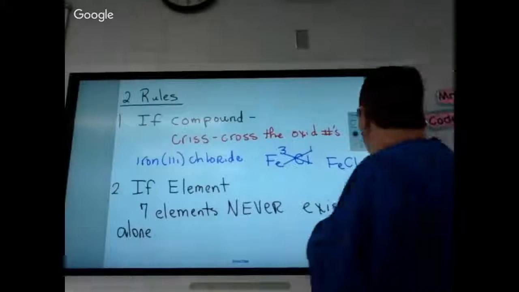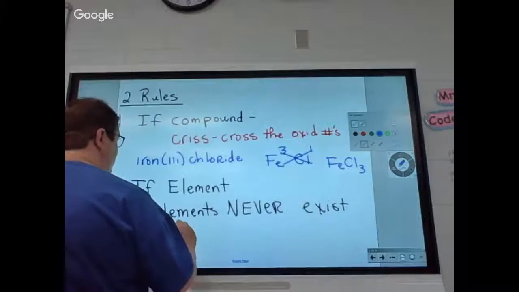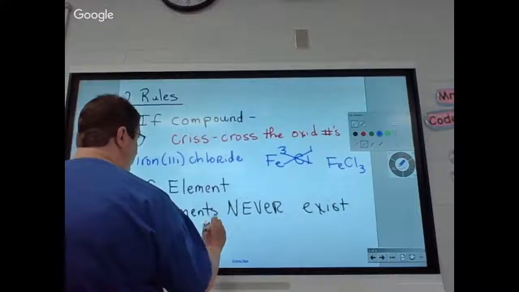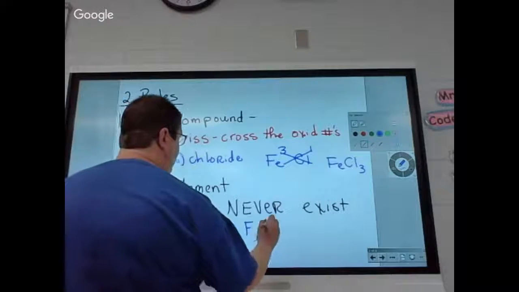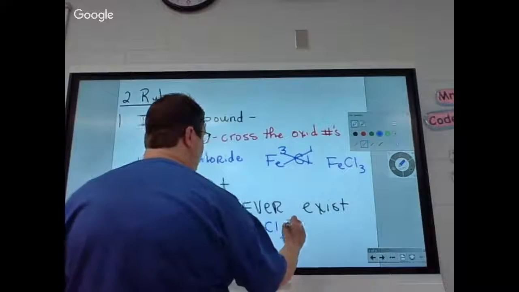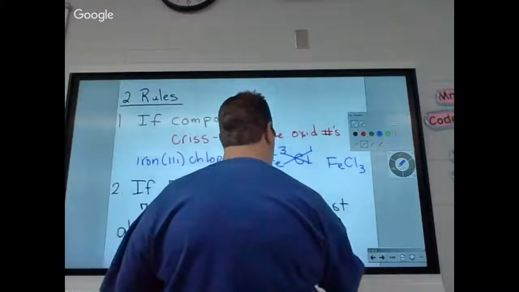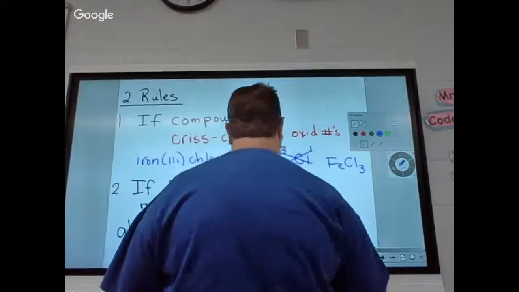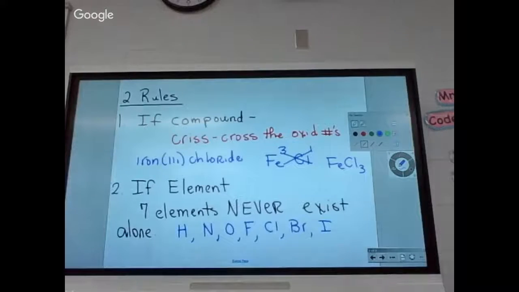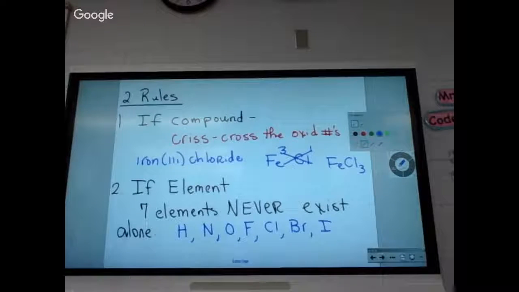So these 7 elements are H, N, O, F, Cl, Br, and I. Do I have 7? 1, 2, 3, 4, 5, 6, 7. Yes. Because they never exist alone, they always bond to another atom of themselves.